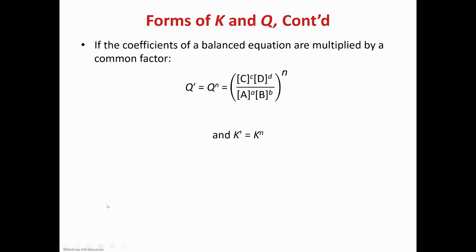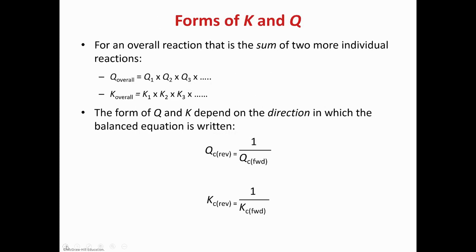So for example, let me go back. Let's say that we have a balanced equation, and Q equals the concentration, let's say A to B, or K equals the concentration of B over A. So for this reaction as written, let's say K has a value of 10 to keep things simple.